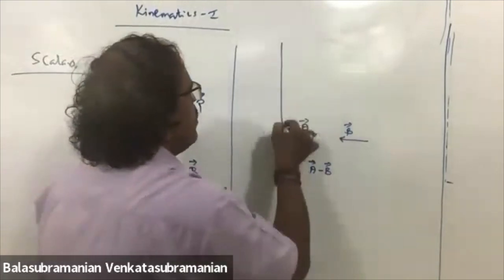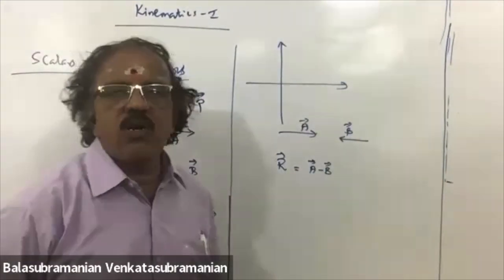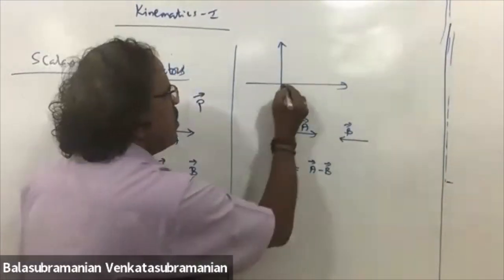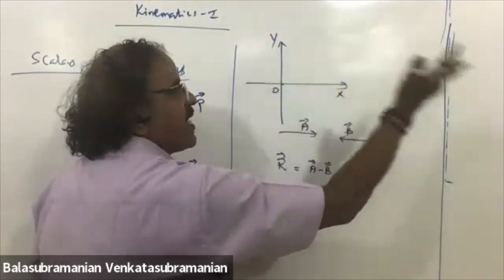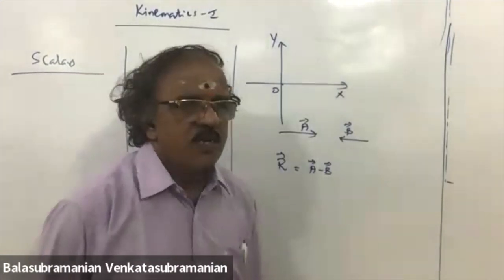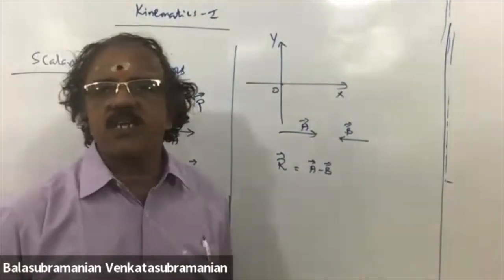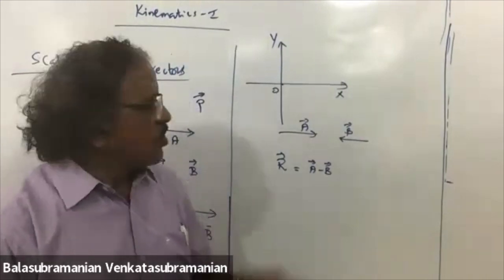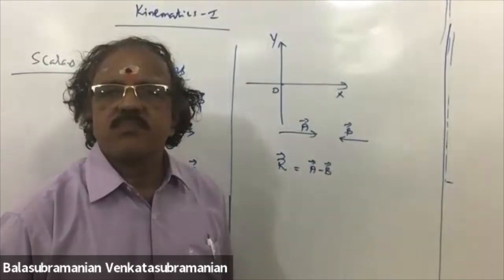But in this representation of the Cartesian coordinate system, this is called the origin, x-axis, y-axis. On the right-hand side, anything is taken as positive. On the left, it should be taken as negative. So B is pointed towards left, so minus.